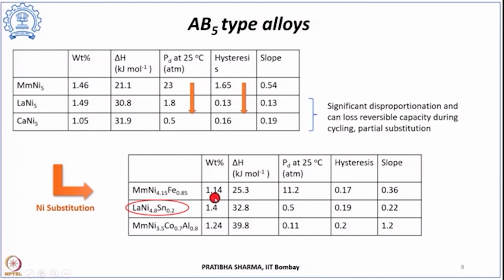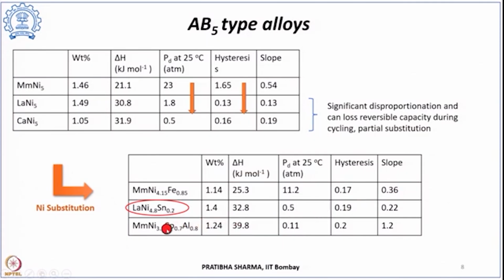The weight percent is found to be reduced compared to MmNi5, from 1.46 to 1.14. Delta H value has increased to 25.3. Similarly, the desorption pressure has reduced to 11. Hysteresis was also found to reduce to 0.17 on iron substitution. Slope was also found to reduce to 0.36.